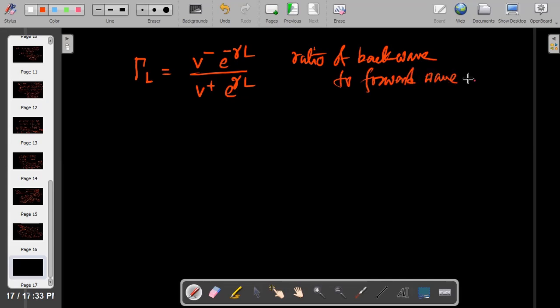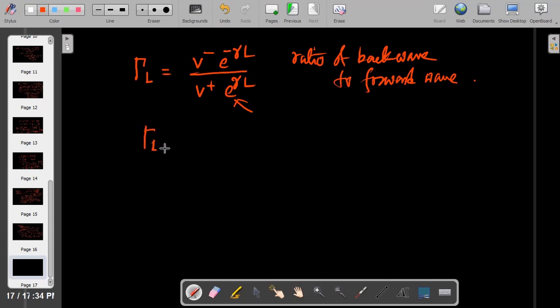I think you know about the reflection coefficient. What I told, maybe reflected by incident, something I told, na? Reflected by incident. So forward is nothing but your incident. Backward is what? Your reflected. Same thing we are doing. So backward by forward.